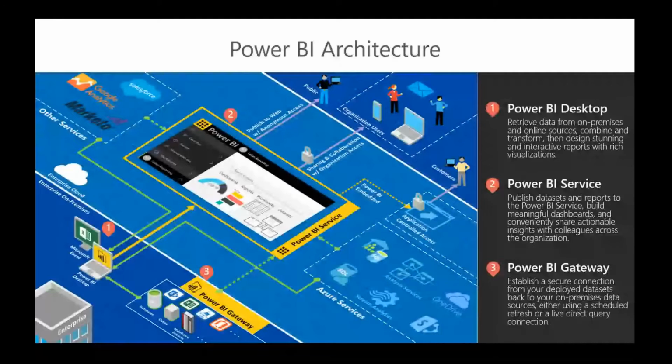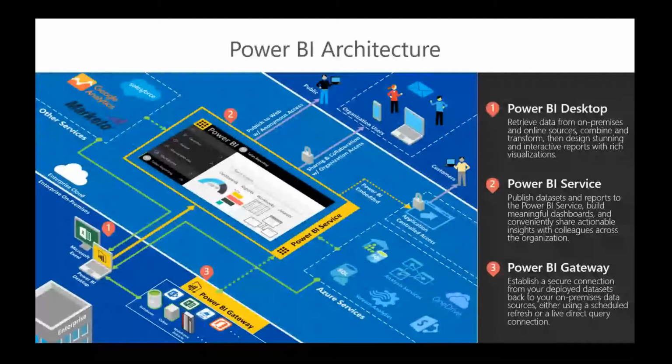You'll notice the green lines coming from online sources in the upper left, like Google Analytics, from cloud sources in the lower right, such as Azure SQL databases, and even from on-prem sources, like you'll see in the lower left, which include a variety of databases, Excel documents, and so on. You go through the process of creating your data model, and from there, start creating visualizations on top of it.